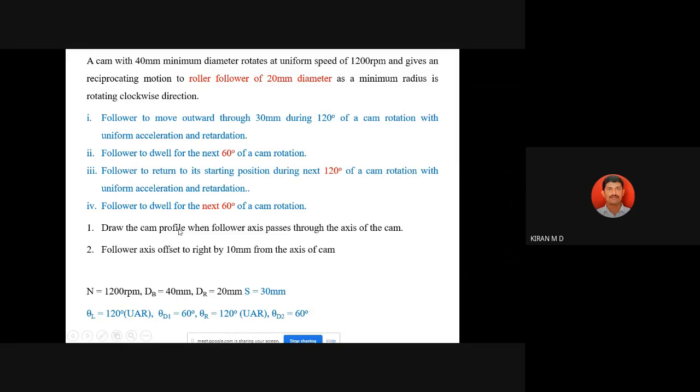But when drawing the displacement diagram, we consider the five parameters: for lift, stroke length, angle, condition of motion, then dwell angle, then return angle, condition of motion, then dwell angle. This stroke and these four angles are required to draw the displacement diagram.